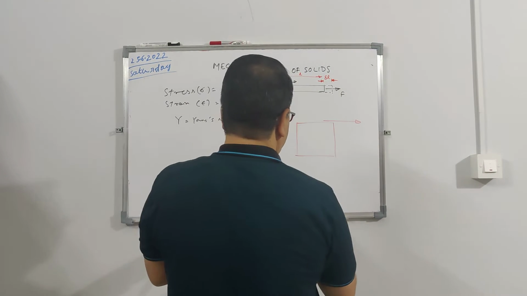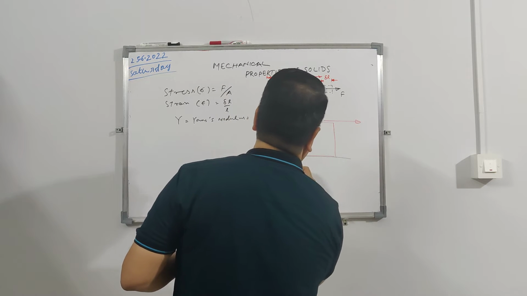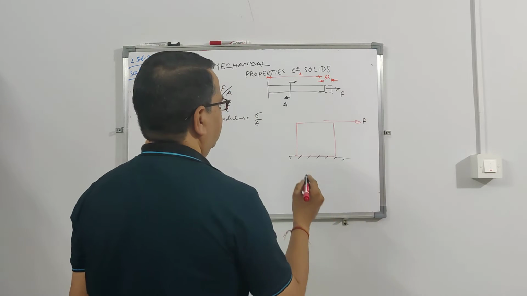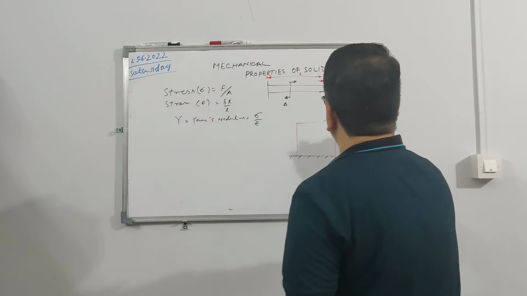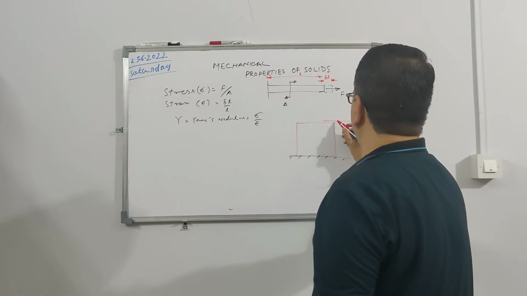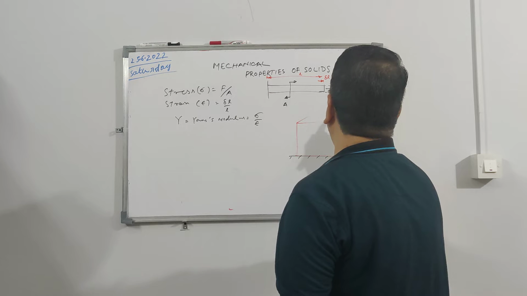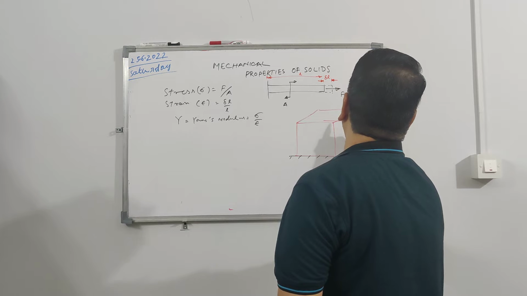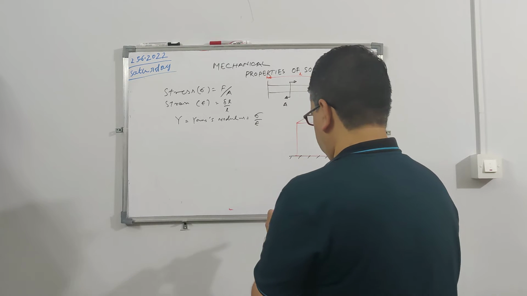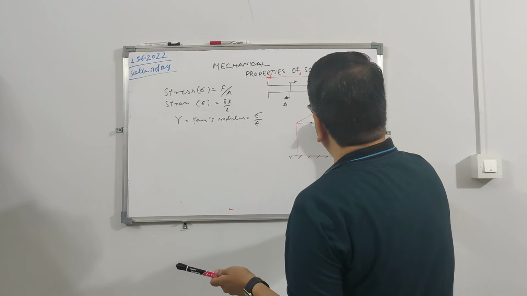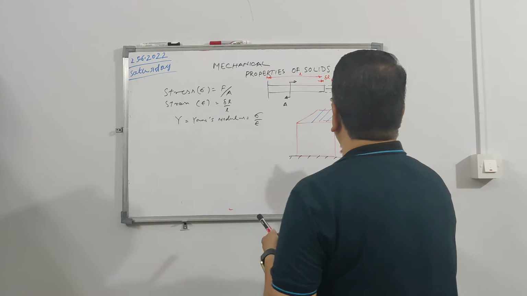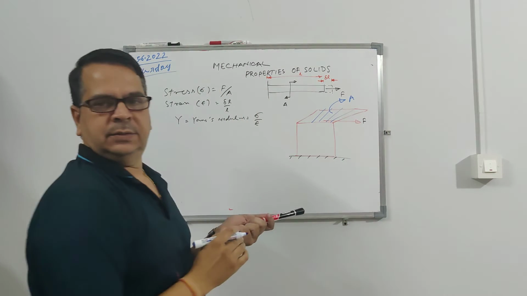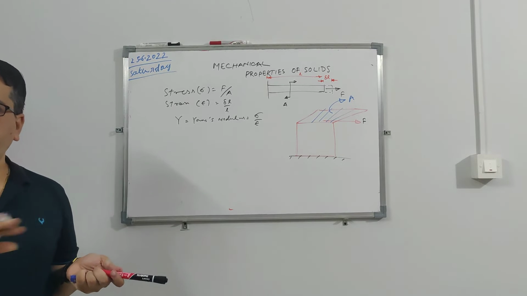Let us say this structure is fixed, grounded like this, and you are applying a force F here. This is a 2D diagram, so in the isometric view, it is applied on some area A. The load is applied parallel to the surface.